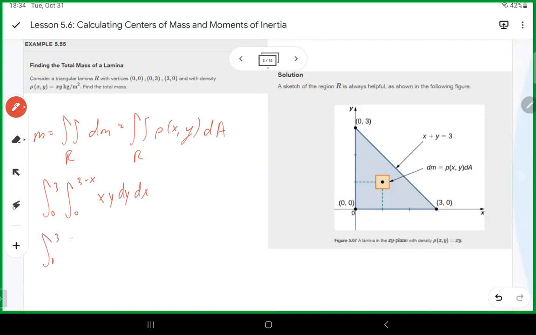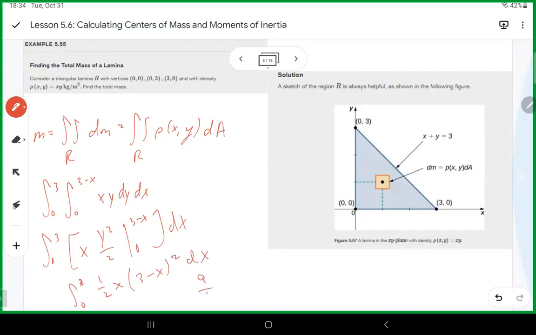Then 0 to 3, x, pi over 2, 1/2 x, 3 minus x squared dx.